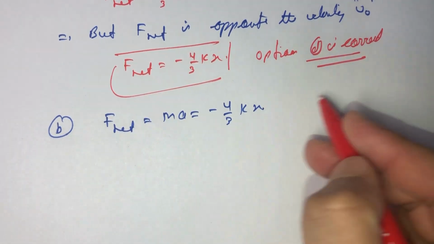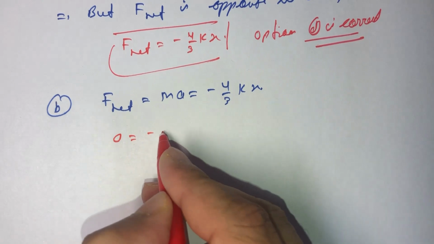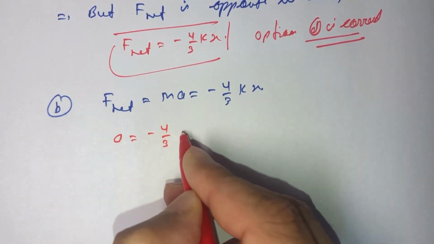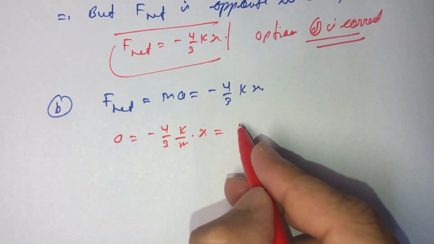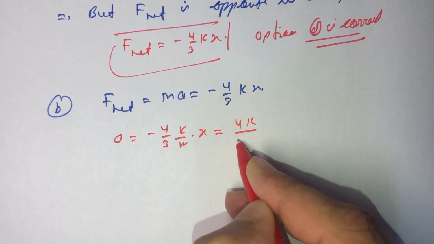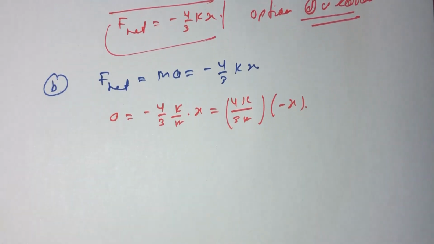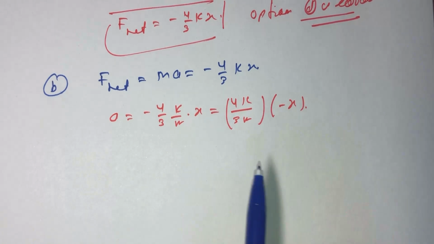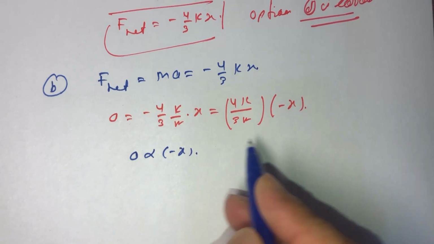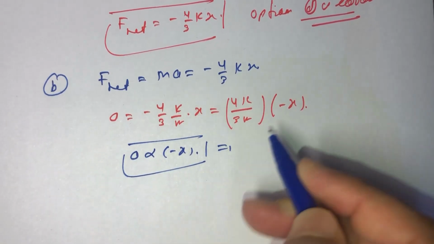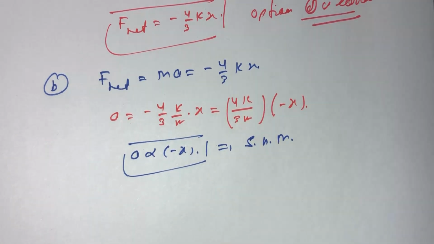Or we can say that our acceleration a is equal to minus 4k by 3m multiplied by x, which can be written as 4k upon 3m multiplied by minus x. So from this equation, the acceleration is proportional to negative of x, which means a simple harmonic motion.